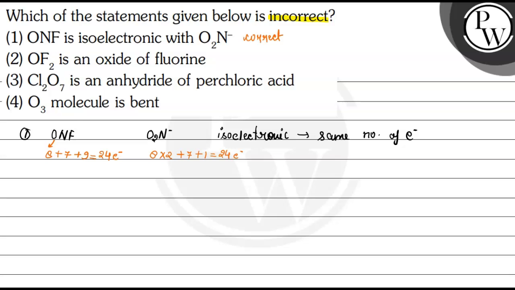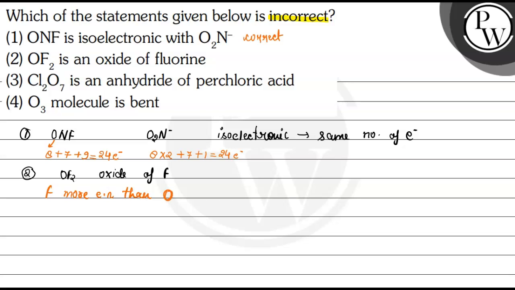Now moving to the second statement: OF2 is an oxide of fluorine. Here we know that fluorine is more electronegative than oxygen.